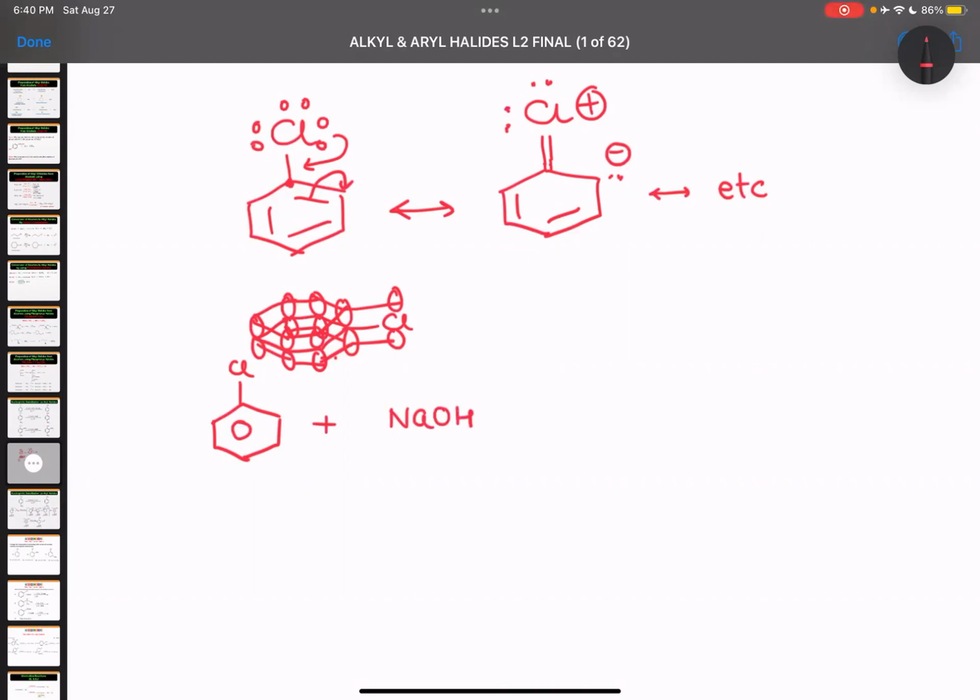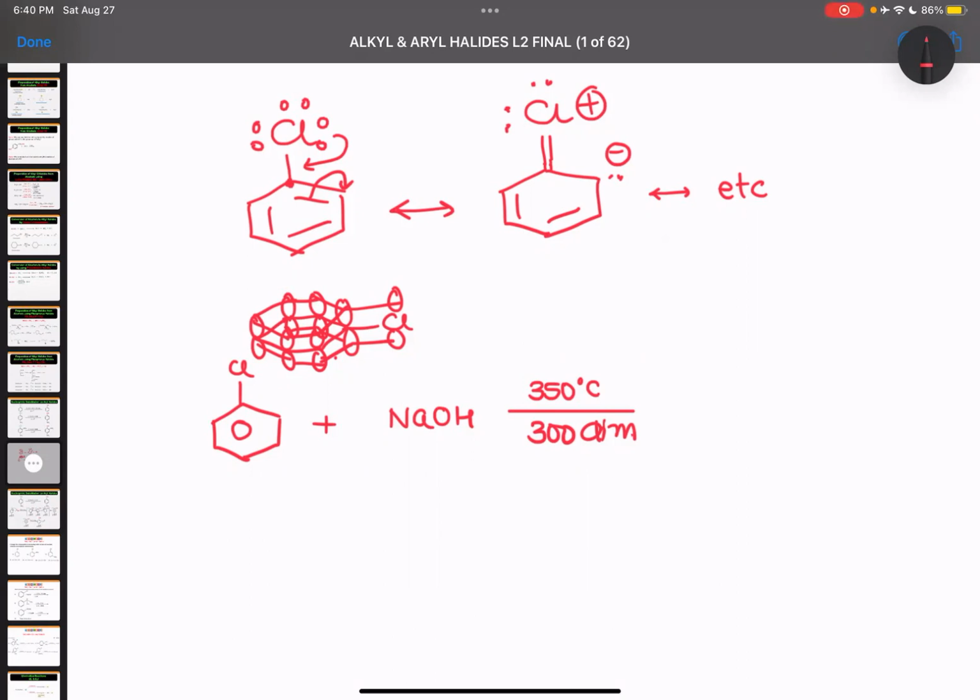Simple NaOH will not react. You took very high temperature and high pressure, 350 degrees Celsius and 300 atmosphere. And that led the OH minus to attack the chlorobenzene. Is it clear?